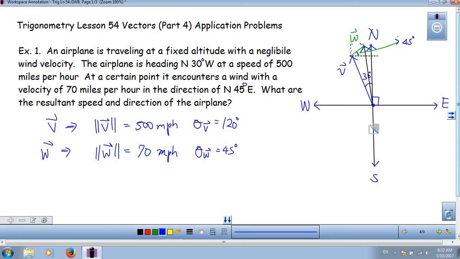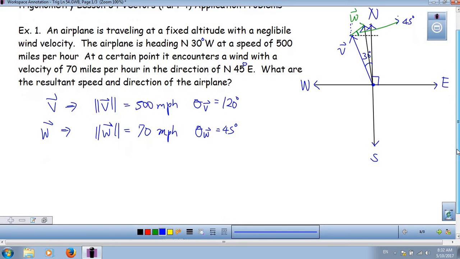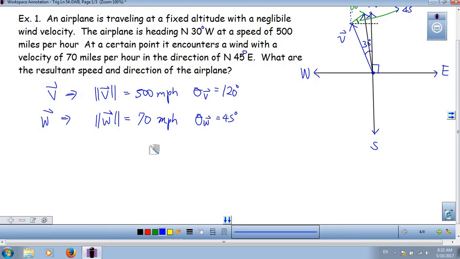So now we know our two vectors in polar form. We know their magnitude and their directional angle. So how do we combine them? How do we add them? In order to add vectors, we have to go back to component forms. So we need to find Vx and Vy, the components for x and y.